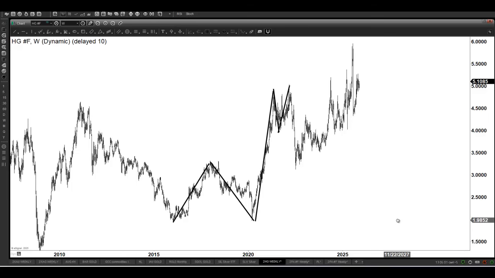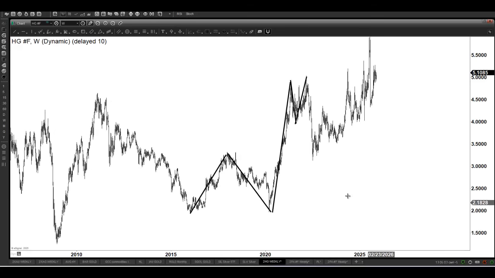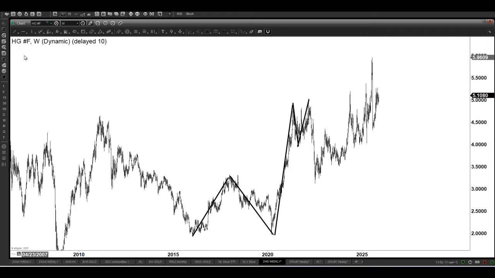Everyone see that, right? You guys agree? 5 waves that ended here. And put back. And another 5 waves to new highs. Correct? Now, this putback overlaps here.